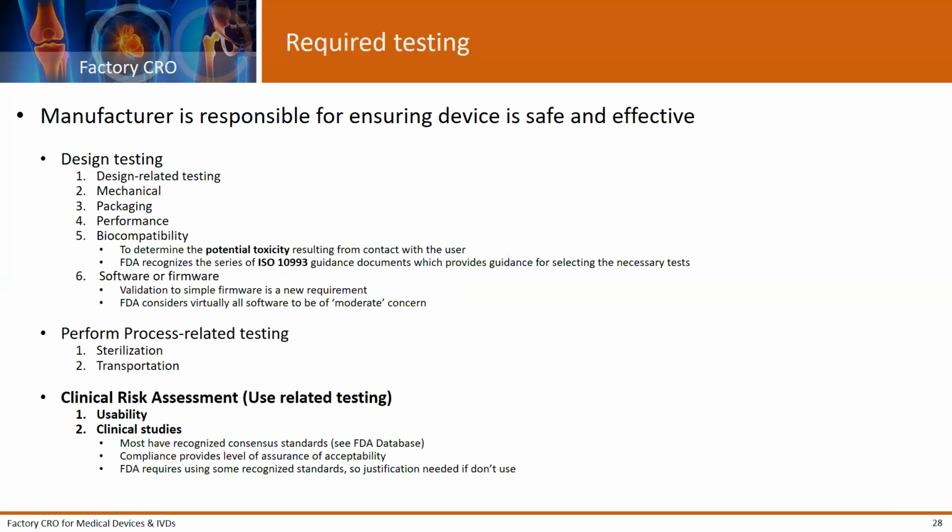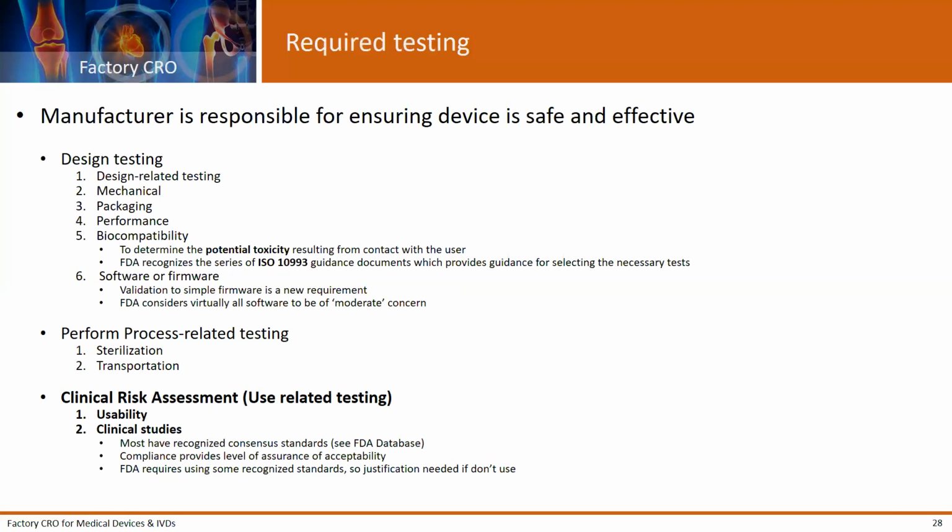When software is involved, you should perform validation testing for software. And the FDA considers virtually all software to be of moderate concern. However, yesterday I reviewed a post on LinkedIn, and the FDA has implemented a new pilot program for the upcoming 4 months to enable a more streamlined process for health apps and software technology.